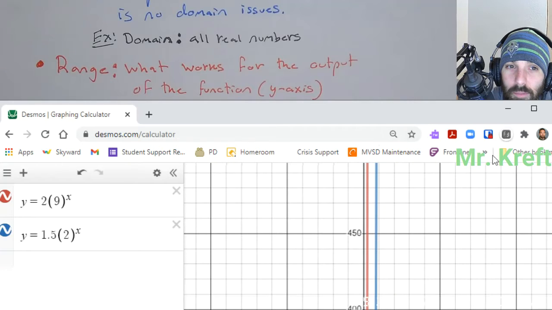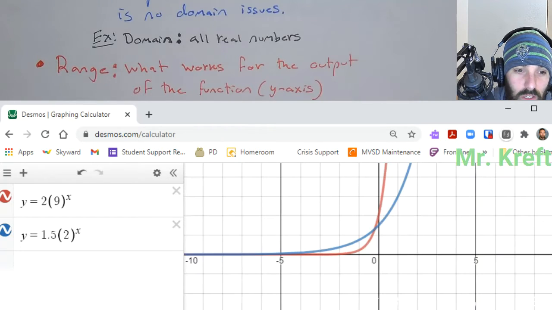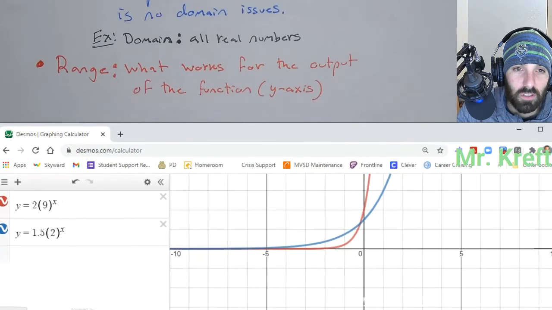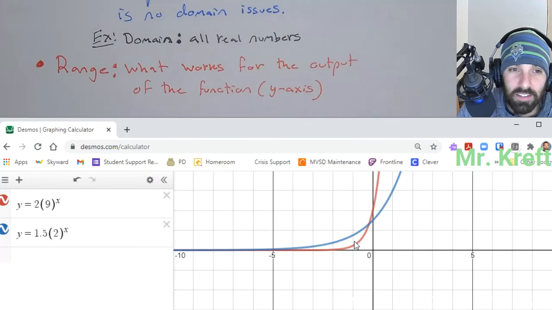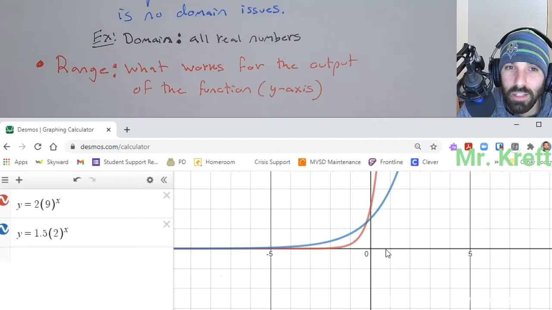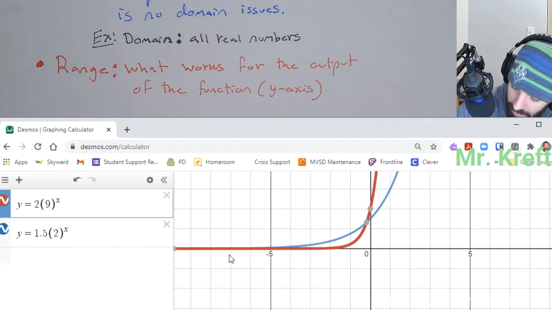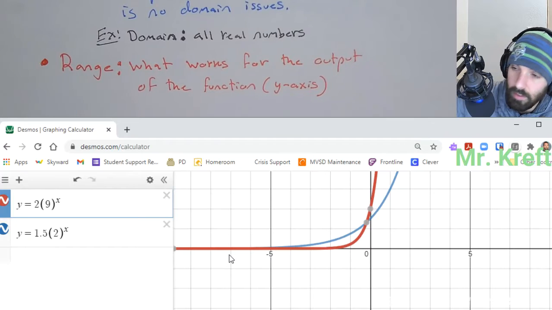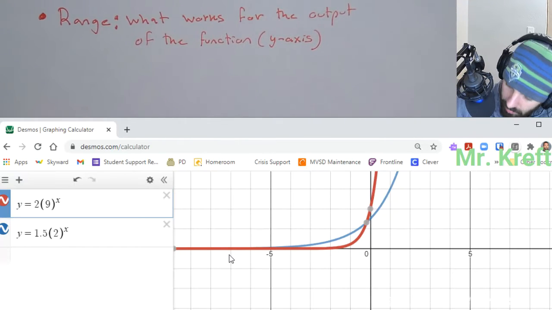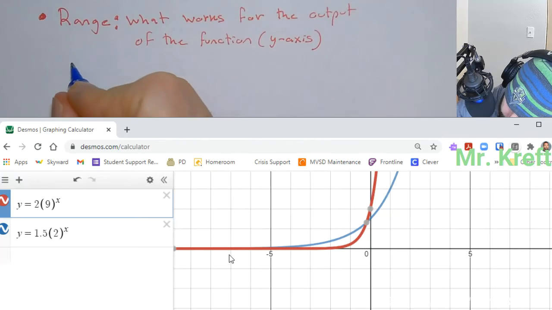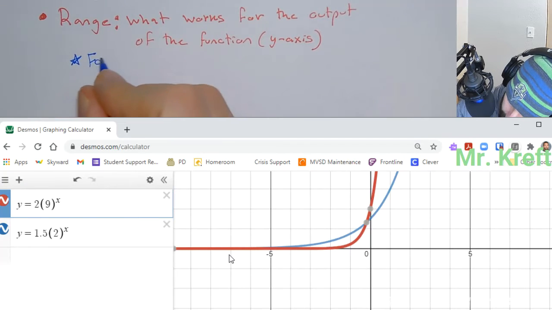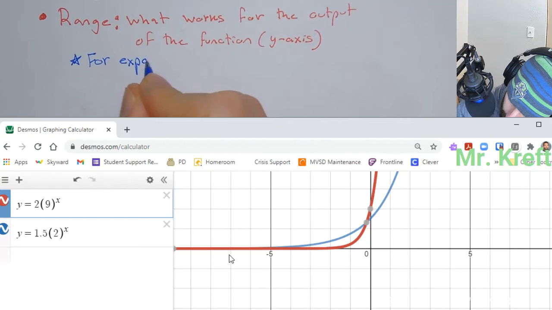I'm going to hit home again. So what I see is that my output only works for values greater than 0. That is greater than what it's approaching on the left. I'm going to write this in blue underneath range.